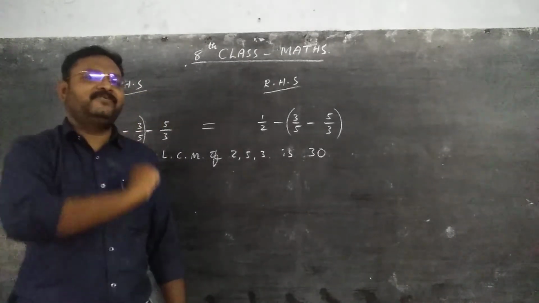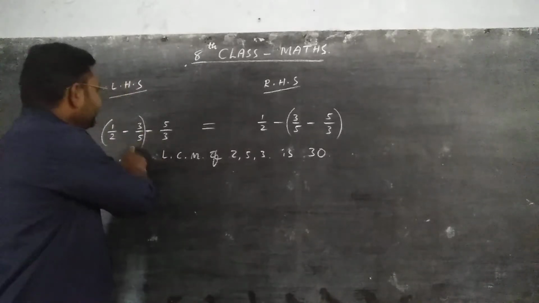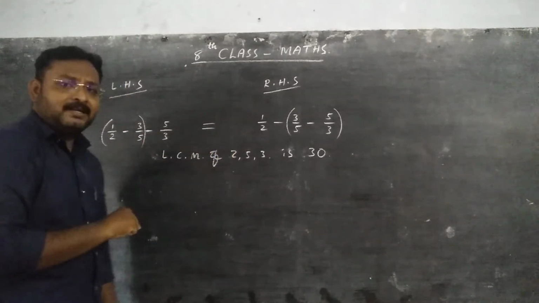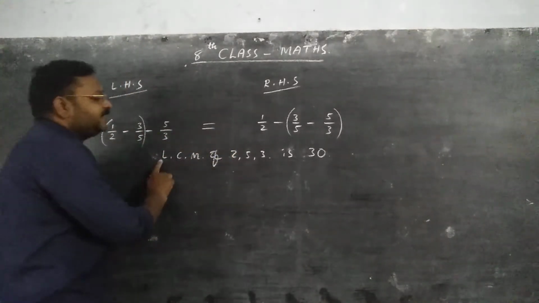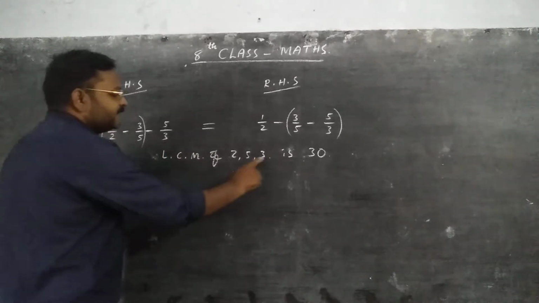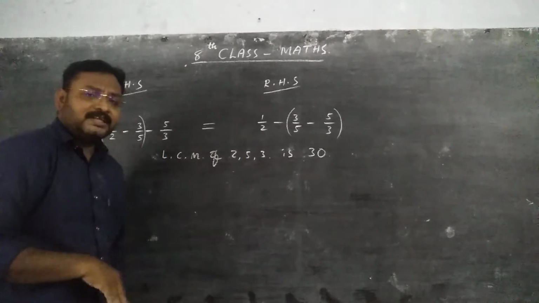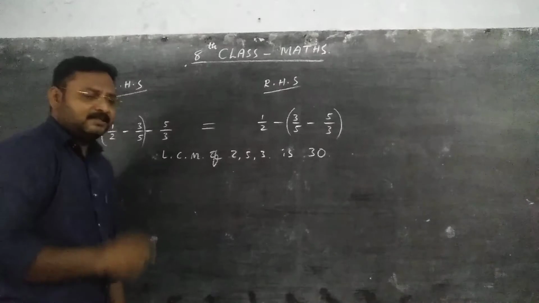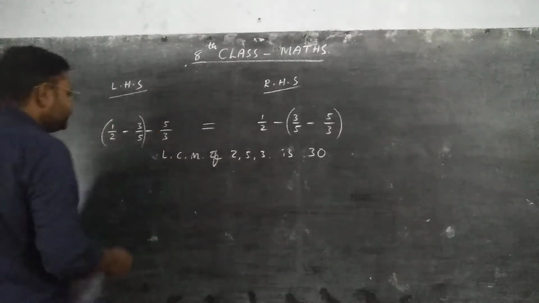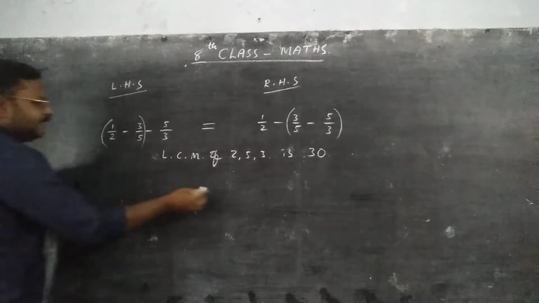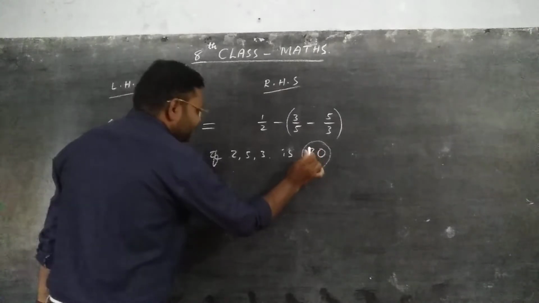So remember everyone, LHS is completed, RHS is completed. After that, you take the LCM of the denominators. Now we got the LCM as 30. Multiply each and every fraction with 30.